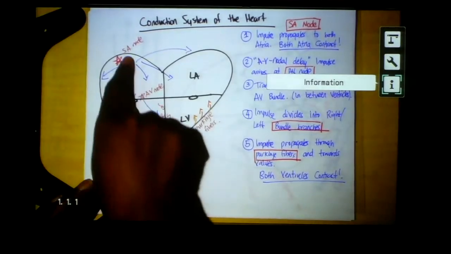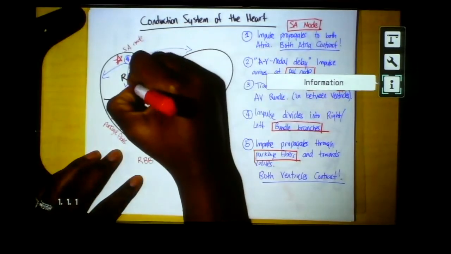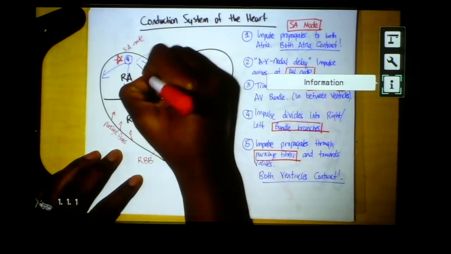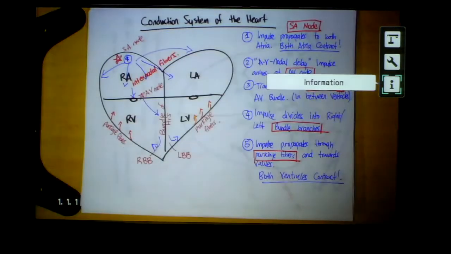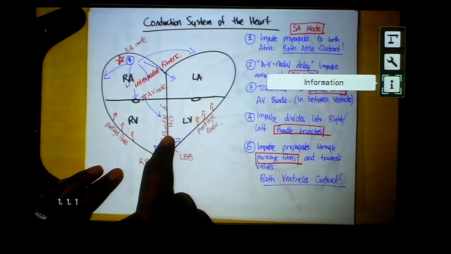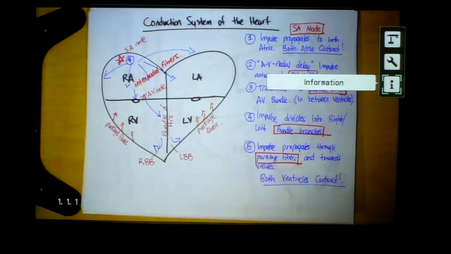It's actually going through the intranodal fibers, which are part of our conduction fibers. Then it's gonna go to the AV node, then the bundle of His, then our bundle branches right and left, and then the Purkinje fibers, and it's gonna squeeze that impulse up, okay?